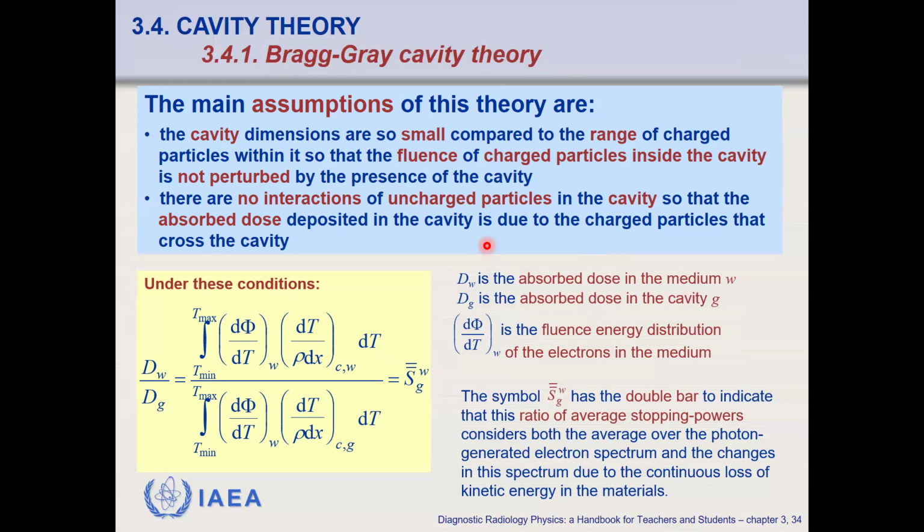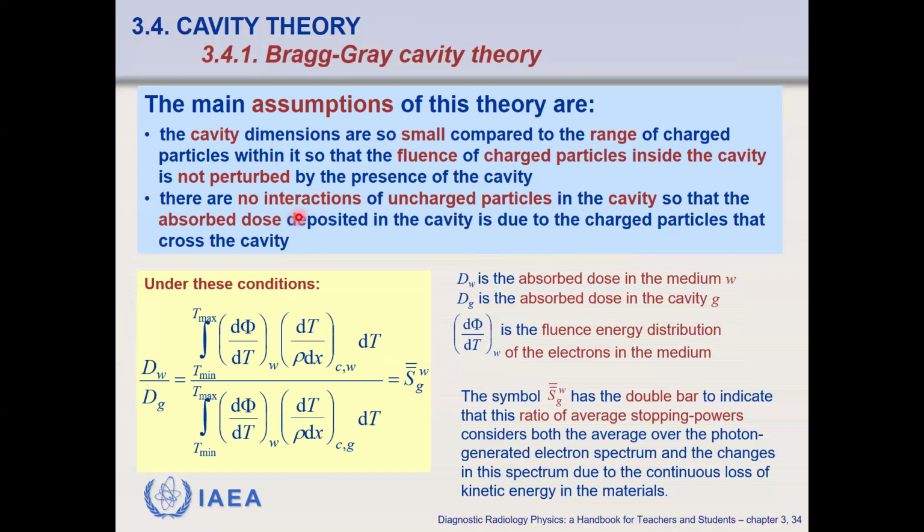So these are the two assumptions. First, we have small cavity dimensions, and second, no interactions of uncharged particles. So the cavity is small compared with the range of the charged particles within the medium. The fluence and their energy spectrum inside the cavity remain undisturbed by the cavity's presence.